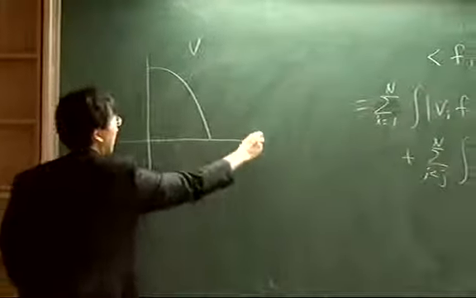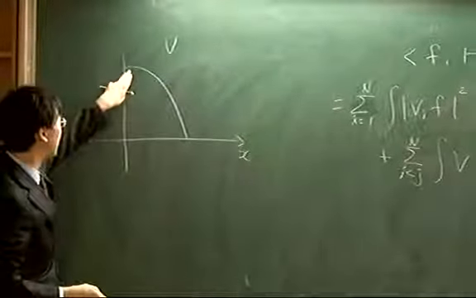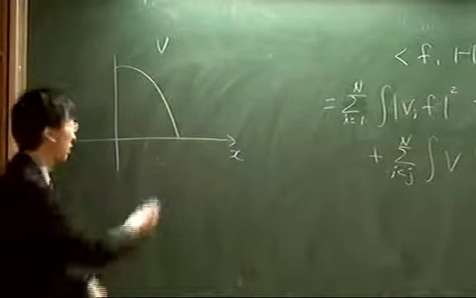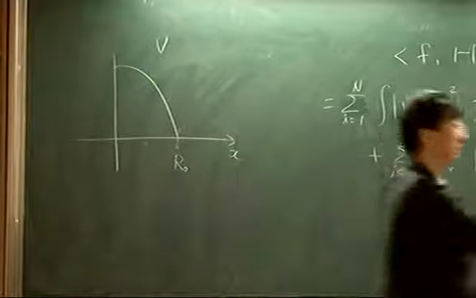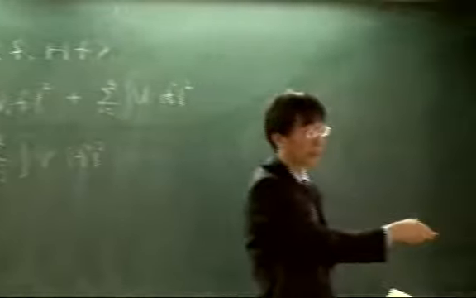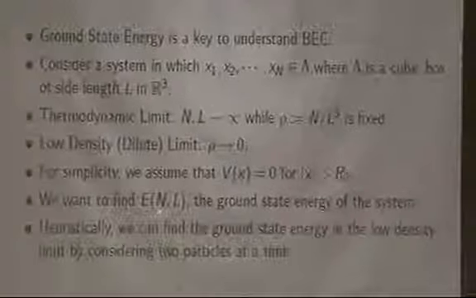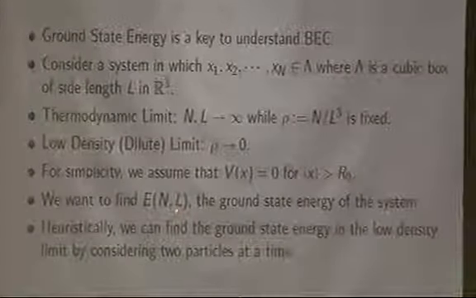So V, this is X. So V always stays positive, and it vanishes after a certain point. And this is R0 in this notation. And we want to find the ground state energy, or the lowest eigenvalue of the Schrodinger equation, in the system of N particles in lambda whose side length is L.